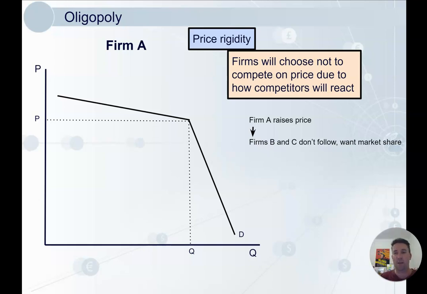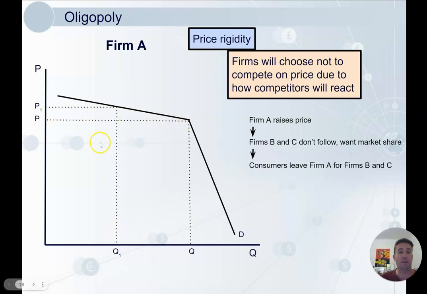And if we gain market share, we'll get customer loyalty and we'll be better off. So what happens is consumers leave firm A for firms B and C. So they raise their price, we can see, and they have a huge decrease in quantity demanded, right? Because consumers are leaving firm A for firm B and C, who are still charging that lower price.